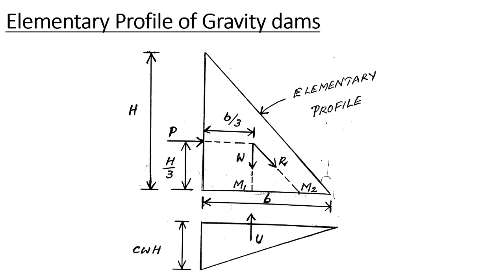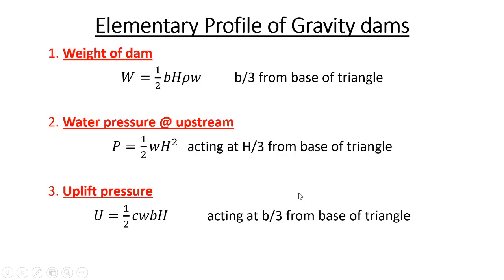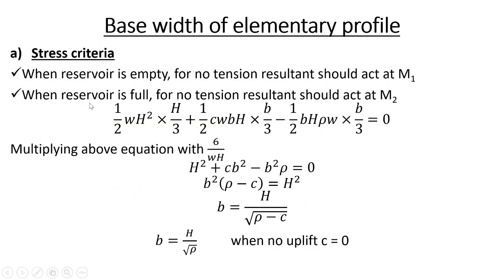I told you before, while we discussed the modes of failure in the tension criteria, the resultant should be within the middle third of the gravity dam. So if you take the middle third, this M1 to M2 is the middle third. By taking the upper limit of the middle third, that is the M2 point, our resultant should be within M2. That is the condition when the reservoir is full. So for the no tension criteria, the resultant should act at M2.